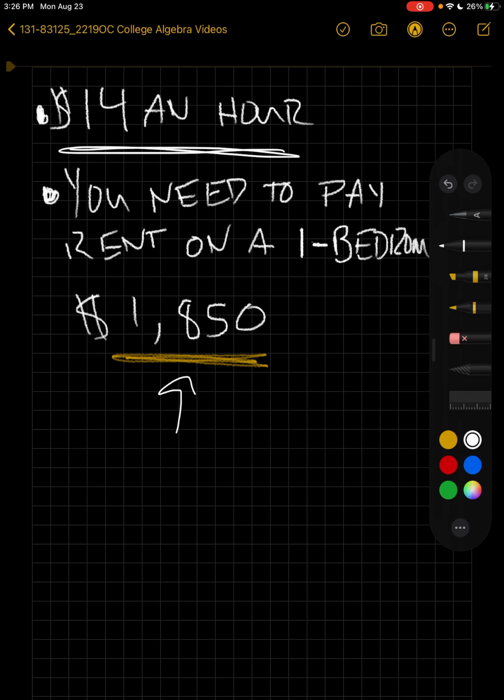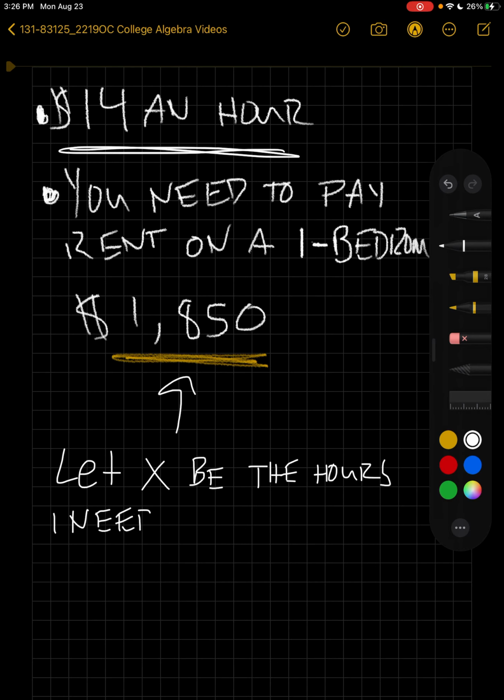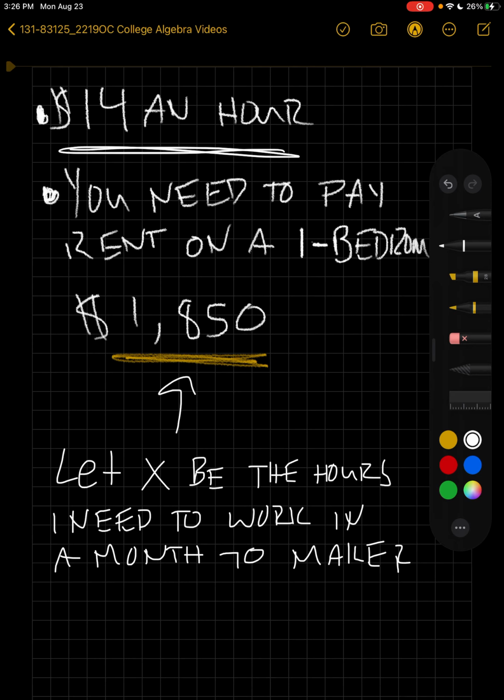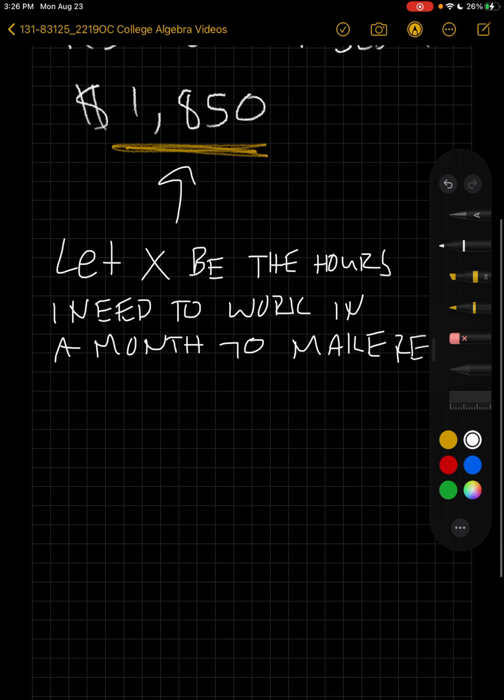I know that I make $14 an hour, and I'm going to let x be the hours I need to work in a month to make rent. And this is the minimum hours I need to work.